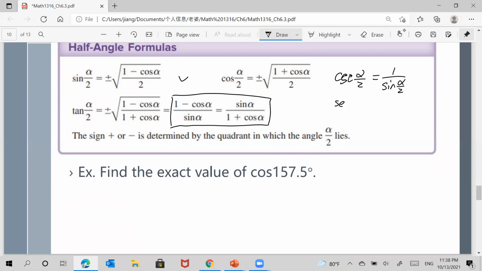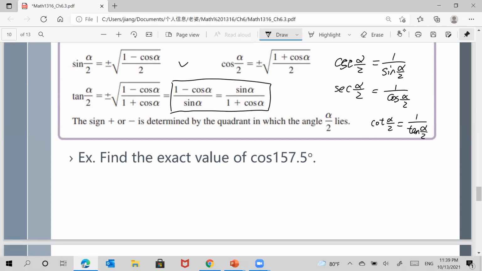And secant of alpha over 2, that's 1 over cosine of alpha over 2. And cotangent, that's the reciprocal of tangent. So cotangent of alpha over 2, that's 1 over tangent of alpha over 2. Okay, let's move on to see the question here.